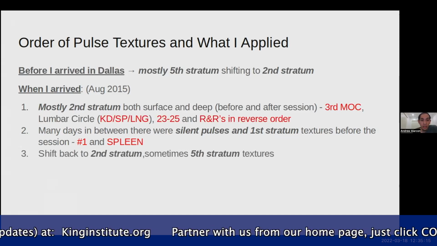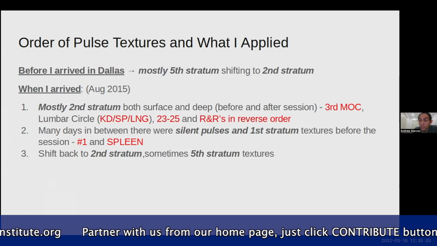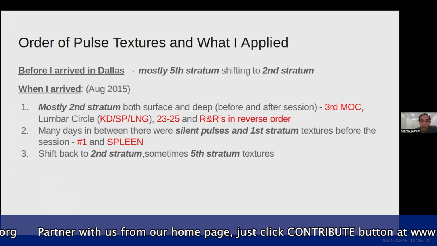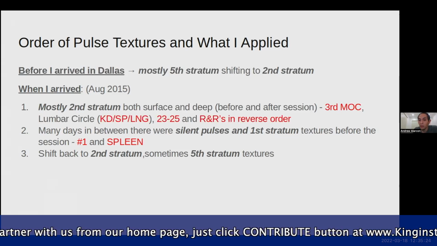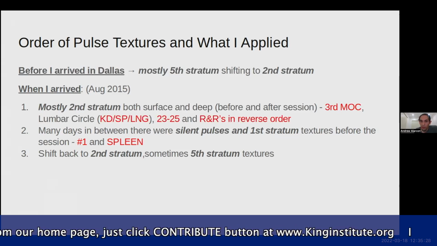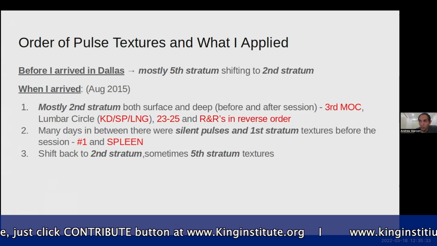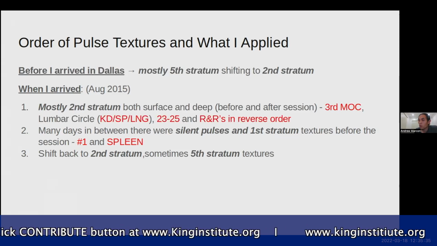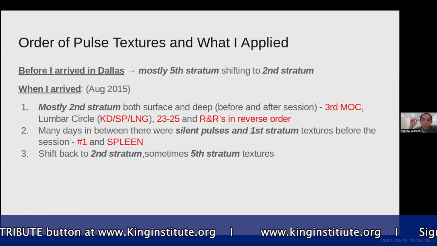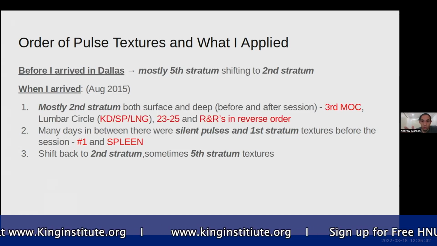It would usually shift back to second stratum, including those times when there were silent pulses. So it would shift back to second and sometimes fifth stratum textures. If you remember the order of the pulses, usually it would go from 3 and then 5 and then 1 and then 2 and then 4.